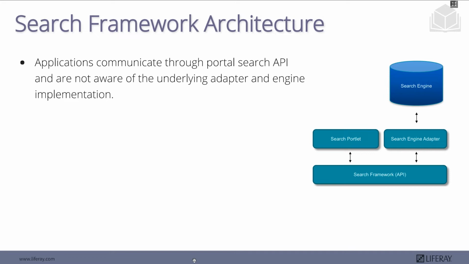If we're connecting to a search engine, which we are, there will be an adapter that will bridge the gap between the search engine, like Elasticsearch, and Liferay's search API. So we have this layer of abstraction, a middleman between our actual search framework APIs and the search engine.